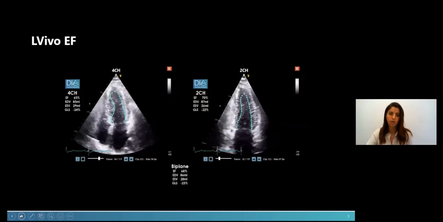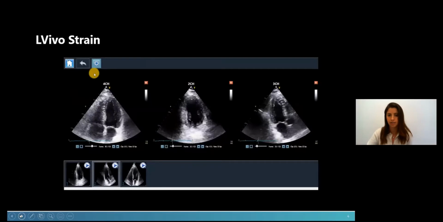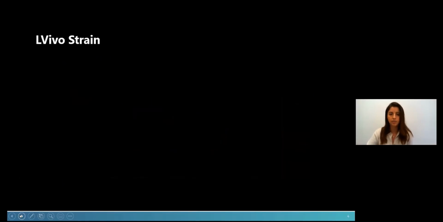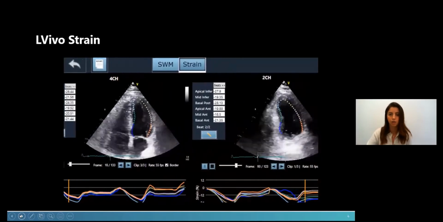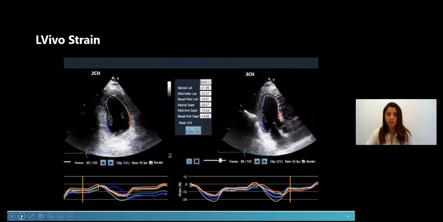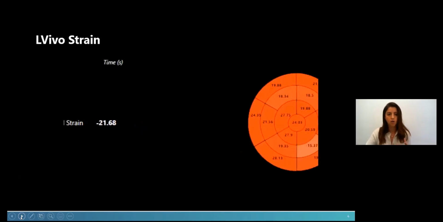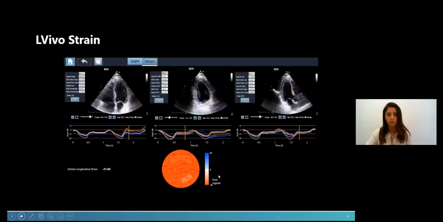In the future, we plan to add additional FDA and CE cleared solutions, including Elvivo strain, automatic evaluation of the segmental and global LV strain from the 3 apical views, as you can see here on the screen. All of our solutions are vendor neutral and cross-platform and can work on any image fully automatically.